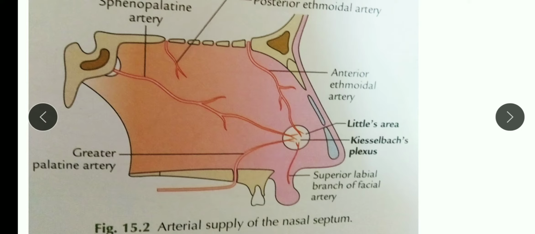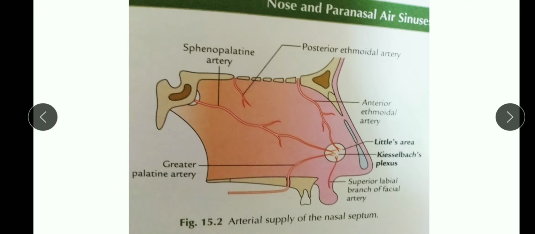The septal branch of the sphenopalatine artery is the largest, longest, and tortuous, and it is present in the posterior superior part. Hence, it is also termed the artery of nose bleeding or rhinologist artery. So we discussed Little's area in this.